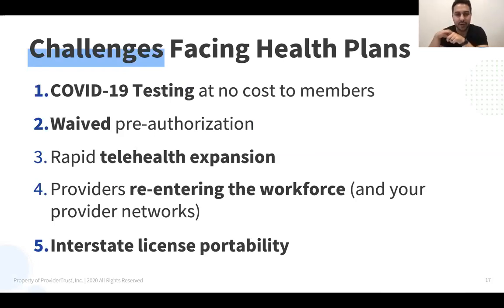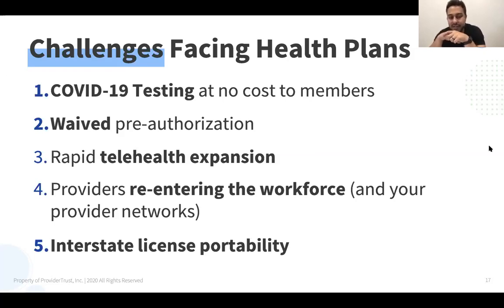And so a little bit more specifically, the challenges that we know you all are facing, because we hear it from y'all on a daily basis, is, one, COVID testing at no cost to members, and the degree to which that's been extended or revoked at this point in navigating COVID-19, has represented an influx in non-par claims.